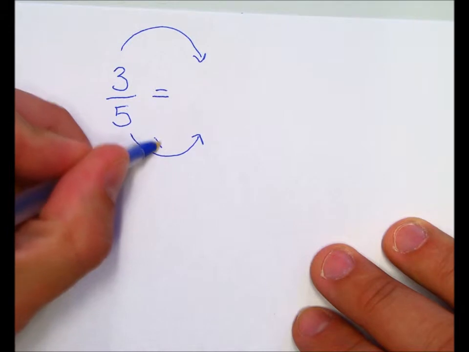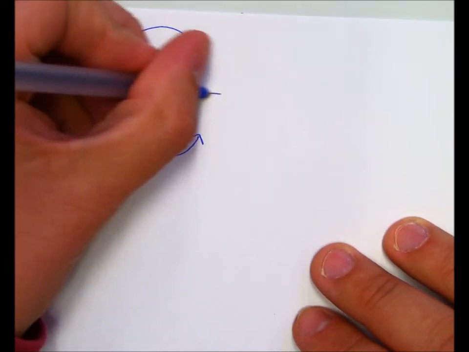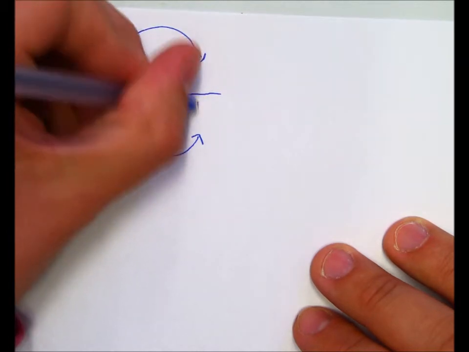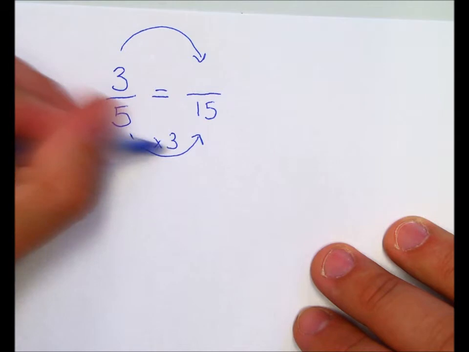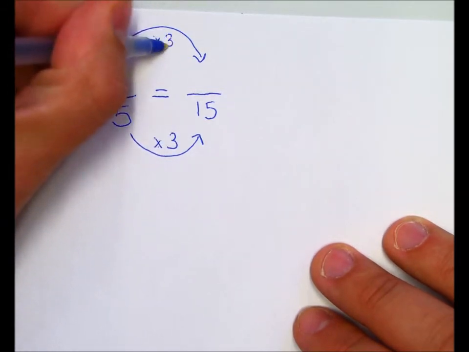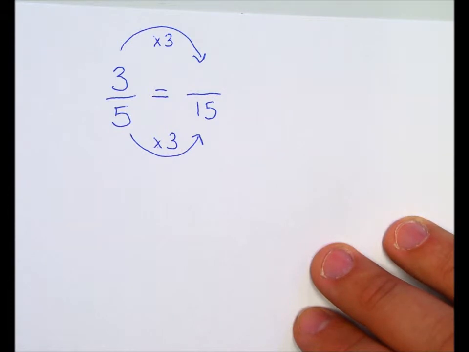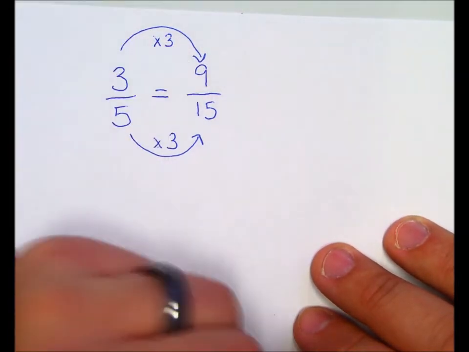And so if we multiply our denominator by, say, 3, then 5 times 3 is 15. Whatever we multiply our denominator by, we need to multiply our numerator by. Again, that's that whole 3 over 3 piece. And we get 9/15.